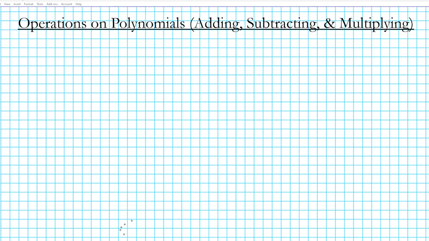Alright, so the instructions for these problems are for us to simplify the given expressions.